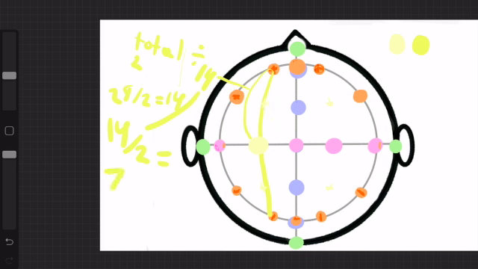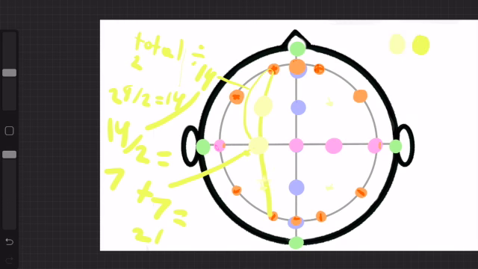And so we know that P3 and F3 are the same distance away from the true C3. So we're going to take 14 plus 7 equals 21, which would be the P3 measurement.